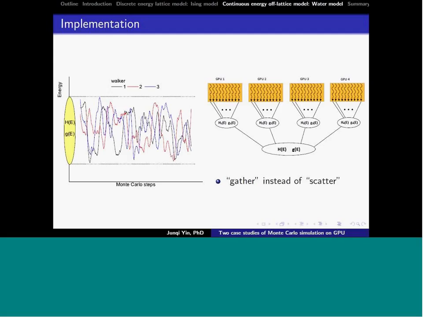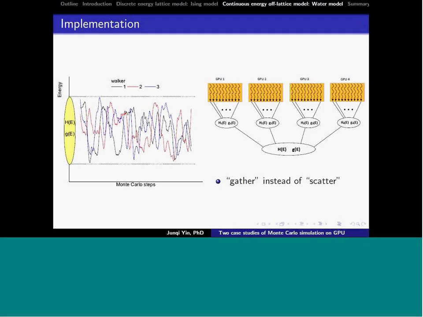Each thread can be a replica of your system, and you have as many threads as you can within a card, using multiple cards across, and every certain number of steps you synchronize this data across all the GPU cards.